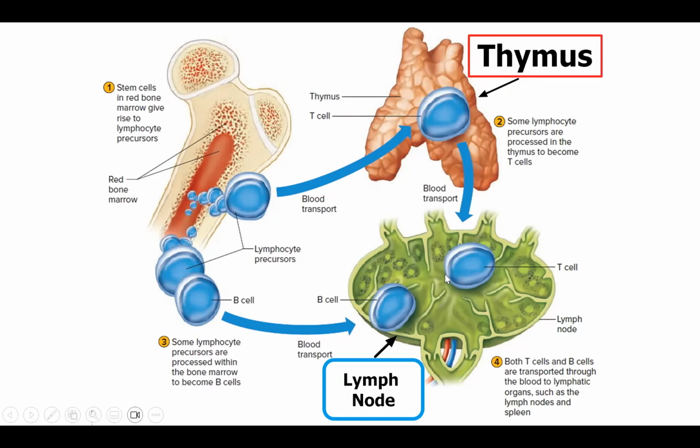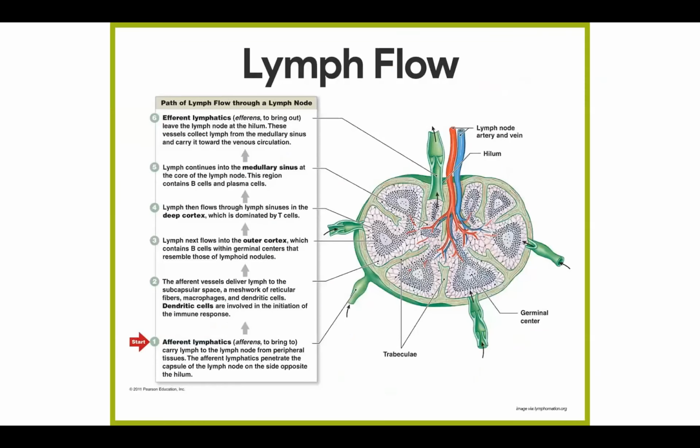Keep that in mind: blood transport of the precursors to the thymus and to the lymph node, and then in the lymph node it domiciles. Now there is some immune activity going on with the spleen, but in this presentation I want to really focus on the lymph node.